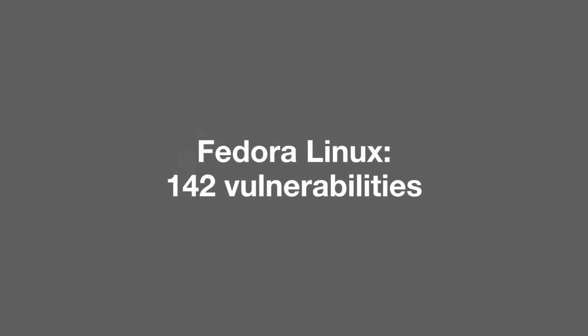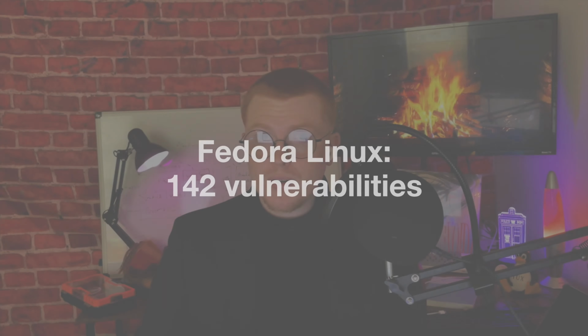So Linux, Fedora Linux 40, has had 142 vulnerabilities, so less than half of what Windows has had, which is very interesting. That means that there's fewer vulnerabilities being found for Fedora Linux than there are for Windows. Now, why is that? Well, that's a topic of hot debate, and I don't know what the answer is.